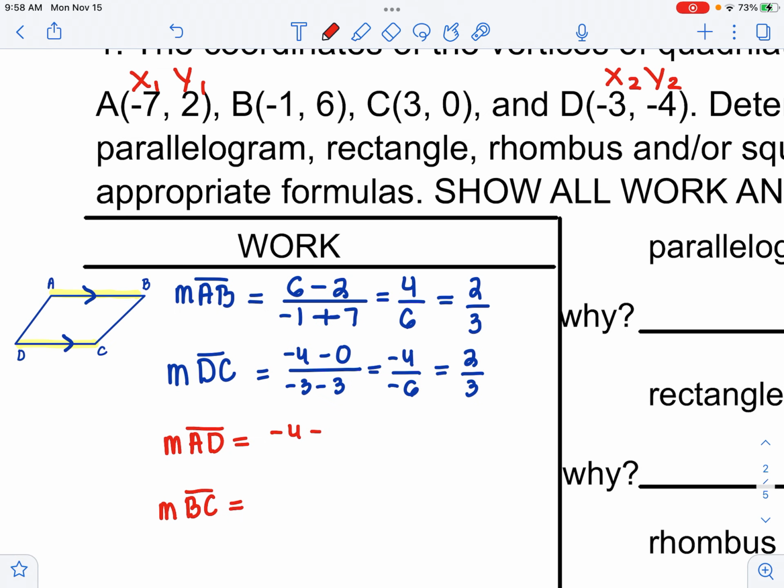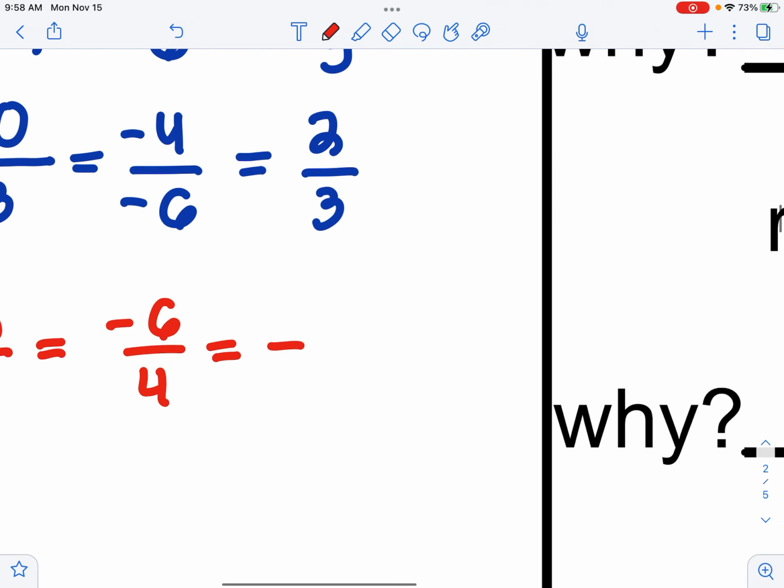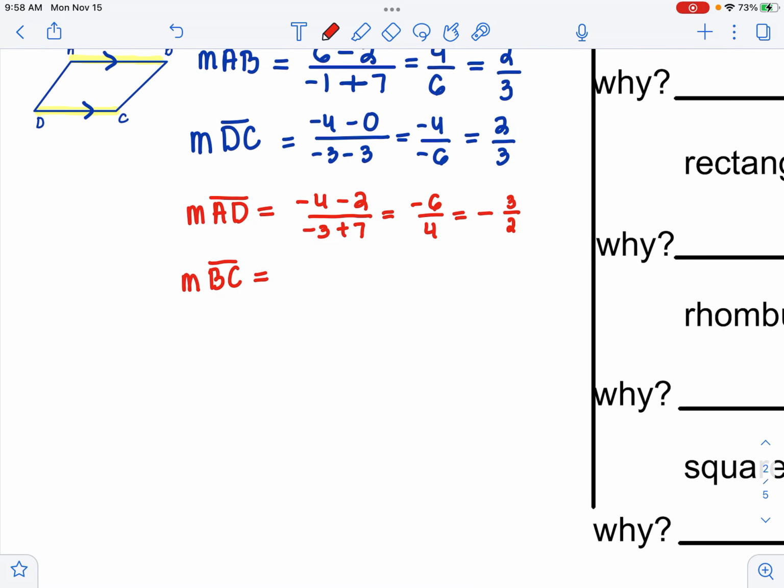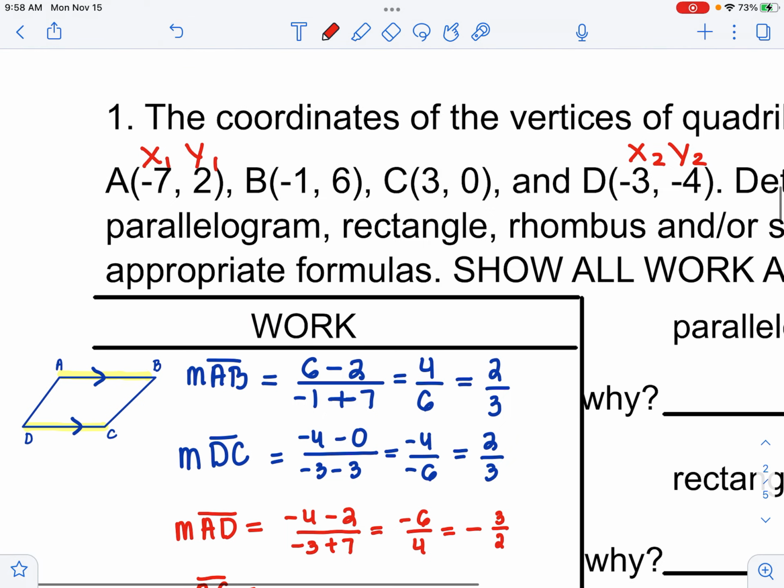All right, y2 is -4 minus y1, which is 2, over x2, which is -3, minus x1, which is -7. So double negative makes a positive. That's -6 over -3 plus 7 is 4. This fraction is simplifiable. It is negative since the 6 is negative, only one of them is negative. But then 2 goes into 6 3 times. 2 goes into 4 twice. So we have -3/2.